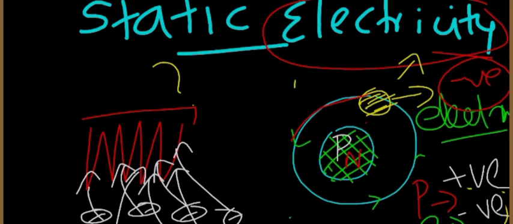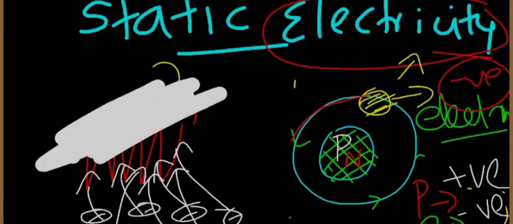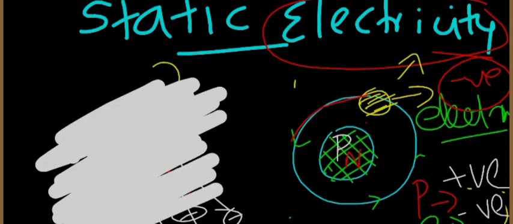Then you may wonder how the charge comes in between the comb and the paper, or how they get attracted. You know, children, like charges always repel each other.